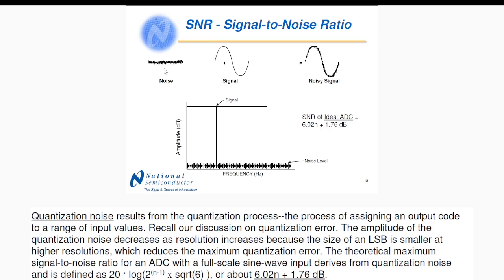It totally depends on the environment how big or small the noise can be. Whatever the signal is, analog, the real world signal, it basically carries noise in it. The actual signal is this, and you add it with the noise, and that's how the noisy signal looks. Okay, that's pretty less noisy.